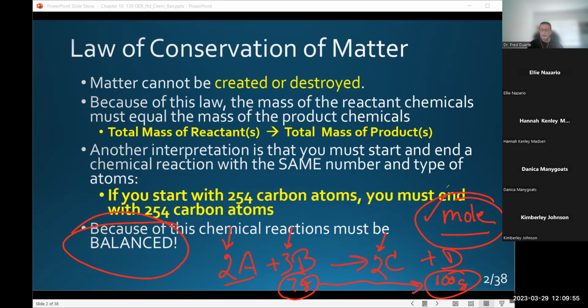Okay, that's how we get from grams of B. We take the grams of B, we will convert that to moles of B, and then from the balanced chemical equation, be able to convert that to moles of D based on the relationship of B and D. And once we know moles of D, then we will convert that moles of D to grams of D.